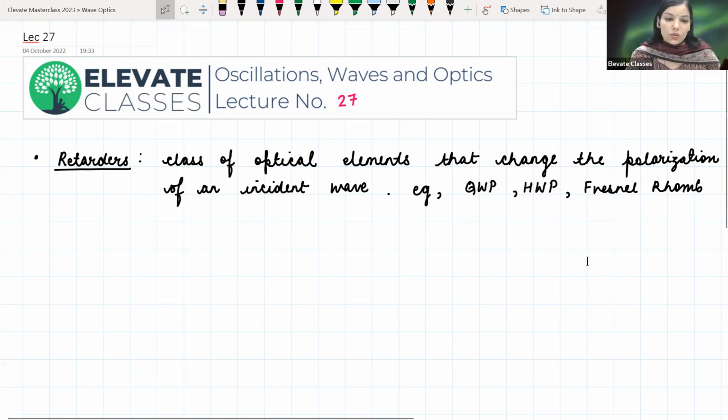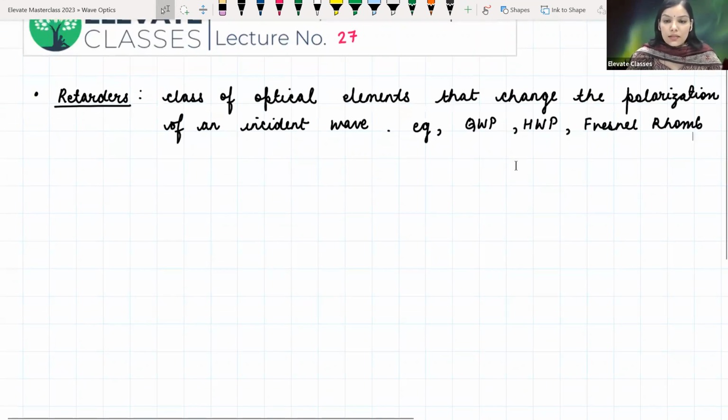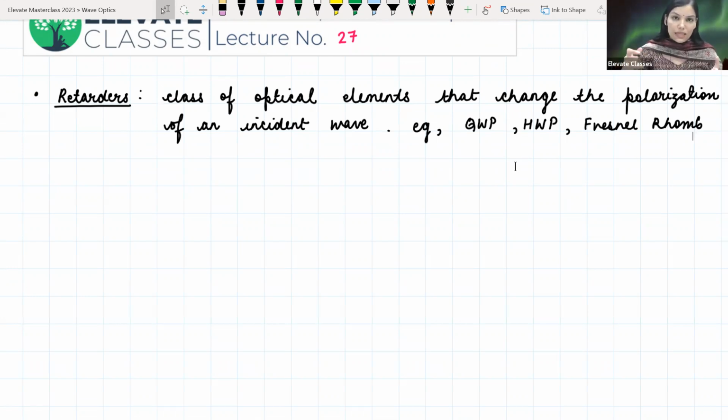So we already know that a quarter wave plate and a half wave plate will be made up of some kind of a birefringent material. Basically what we'll do is we'll take a birefringent crystal and we will polish and cut the crystal in such a manner so that the optic axis of that crystal is going to be parallel to the plane of incidence. So if this is my crystal, I will make sure that optic axis is either like this or like this.